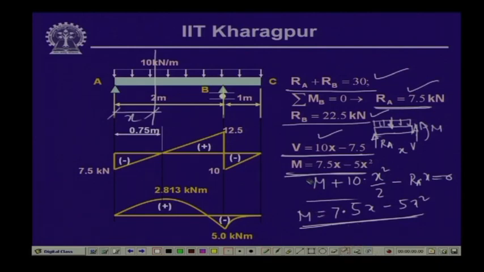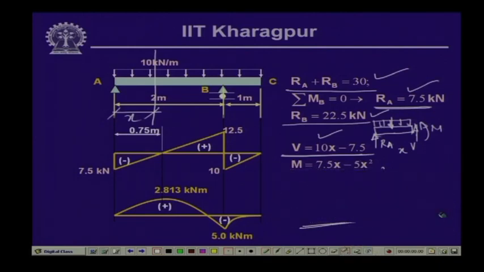So, we have the values of bending moment and the shear force indicated by this expression. Now, this gives us the variation of the bending moment and the shear force. As we go along, when x equals 0, the value of the shear force is minus 7.5, which is indicated over here.